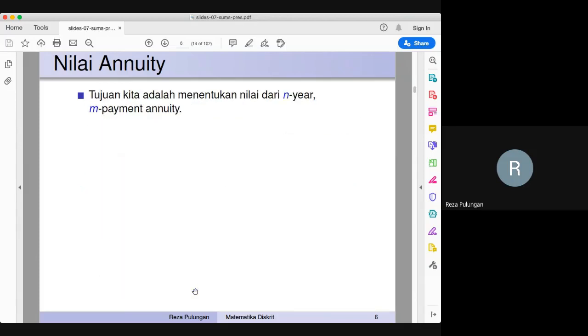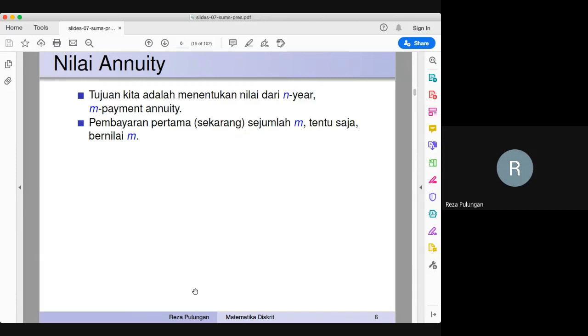Okay, so our goal is to determine the value of an n-year, M-payment annuity. So you have M dollars per year for as long as n years. The first payment is exactly right now. How much is that? M. What is the value of that?